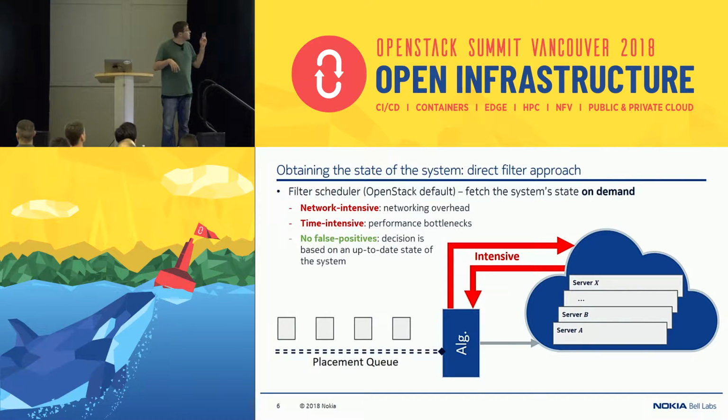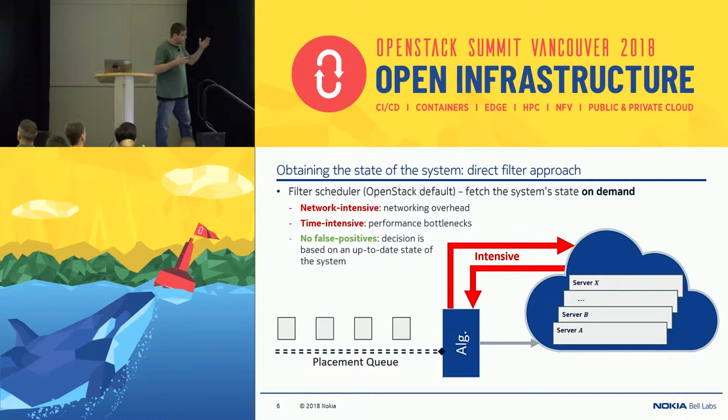Well, there is the default OpenStack scheduler, which is the filter scheduler, which upon a request that arrives, fetches the system state, which is obviously, when we have many computes and many servers, very networking intense, resulting in turn in a time-intense process. A time-intense process, of course, is problematic with respect to scaling the system.